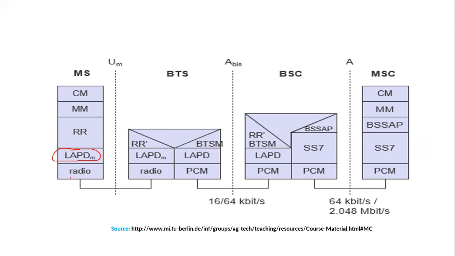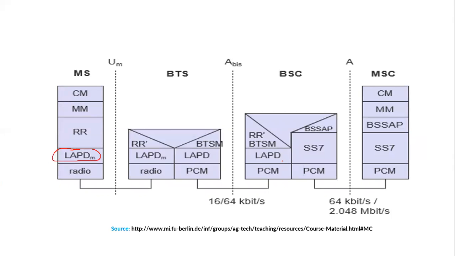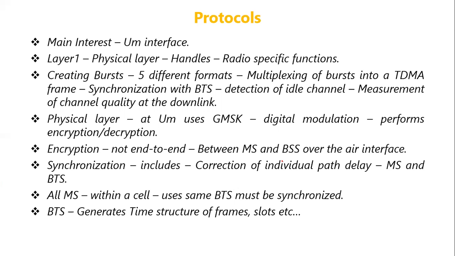So the LAPDM protocol is defined at the interface of layer 2. It is in layer 2 of the mobile station, and also in the BTS, and also in the BSC. In the BTS you can see there are two things: one is LAPDM, the other one is LAPD.